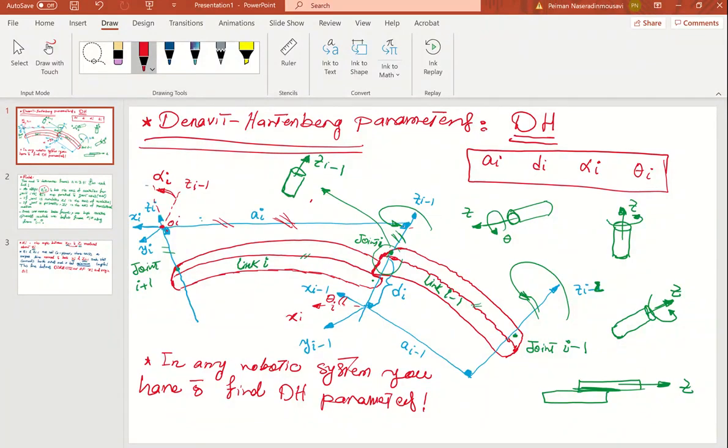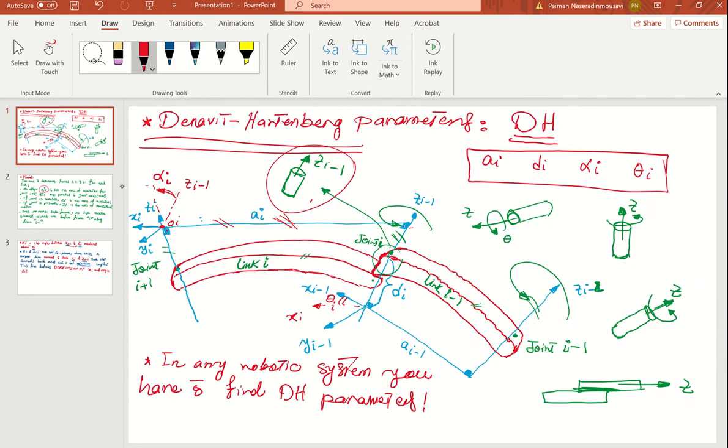So again, I'm summarizing. Z-axes are in the direction of actuation. If these are revolutes like this one, these are very simple. Now if you want to find the xi to make a frame for this joint i plus 1, you have to connect the z-axis to the zi minus 1 axis in space with a line that is normal to both axes and has minimum length.